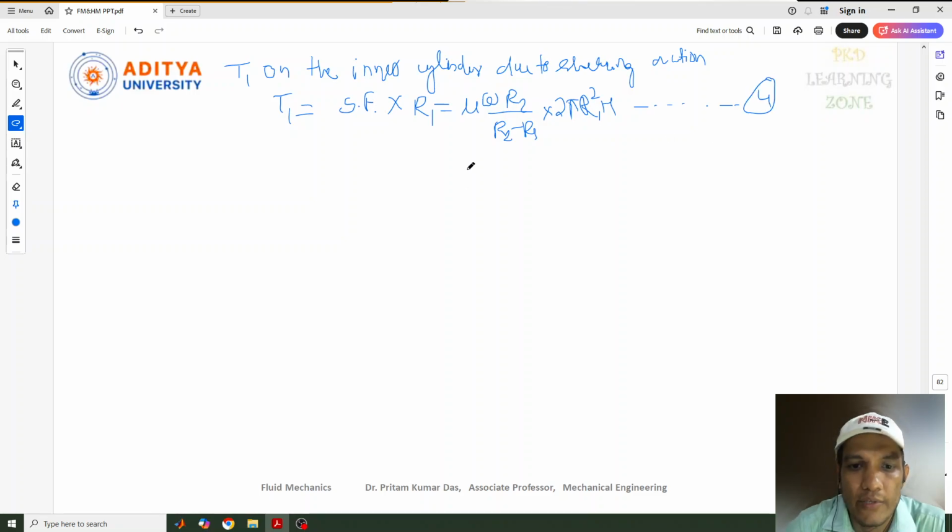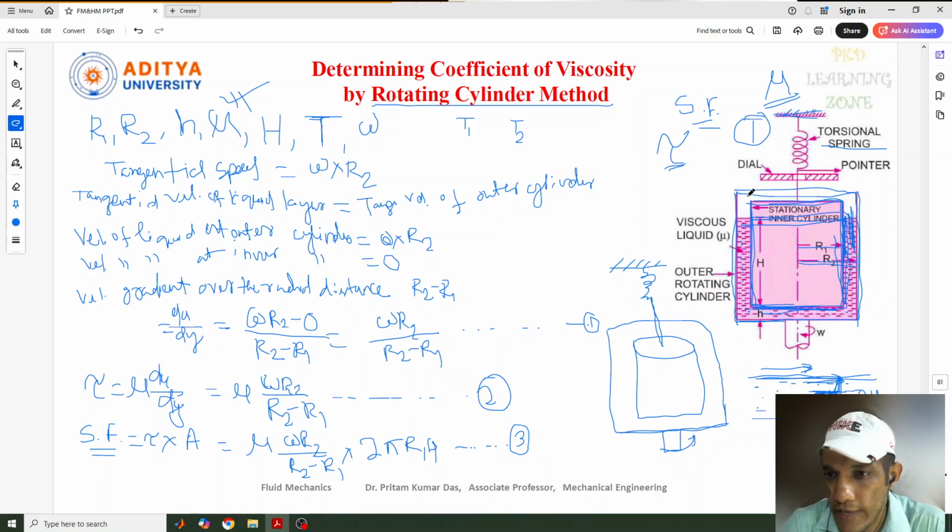Equation 3 completed, equation 4 now I can give. Now this is one term. Now here if you see, go back to this diagram. In this diagram, I already told you, this is the H. So the gap between the bottom cylinder and the inside cylinder, the gap between the two cylinders is H, then the torque which is applied on the inner cylinder can be written.